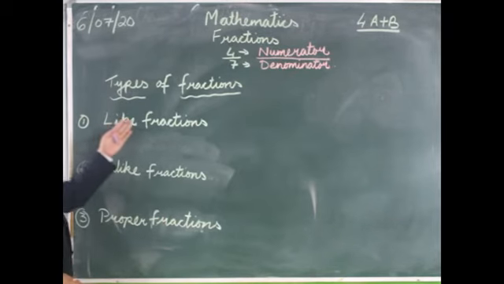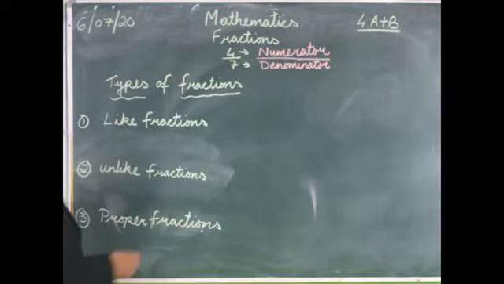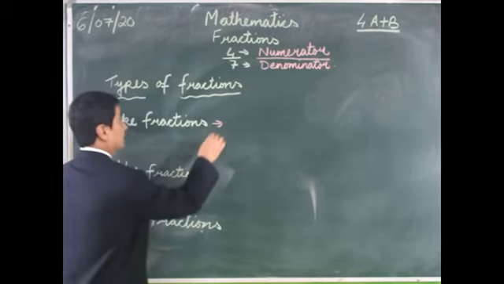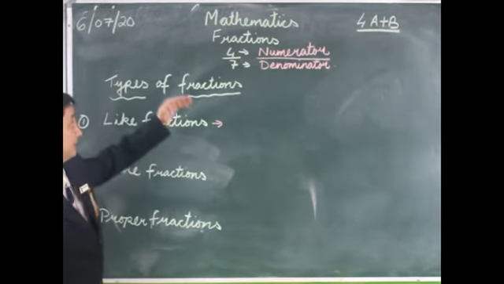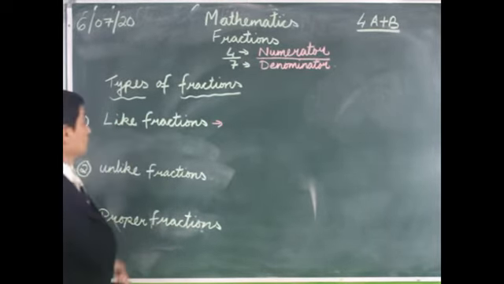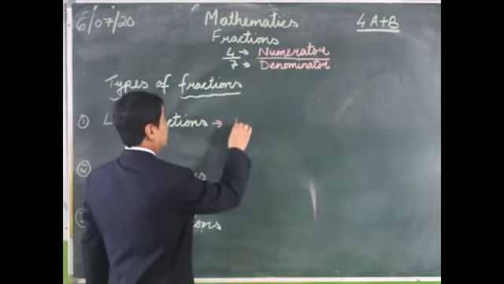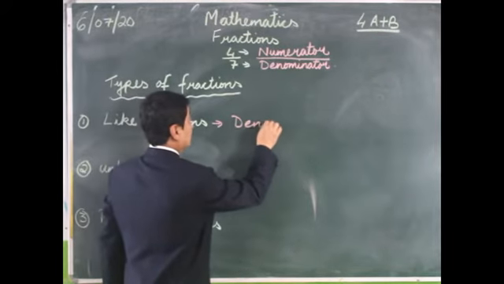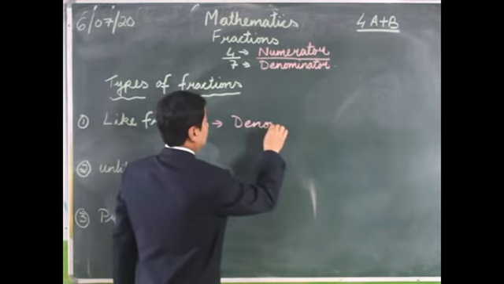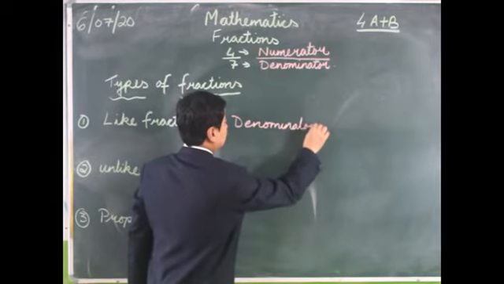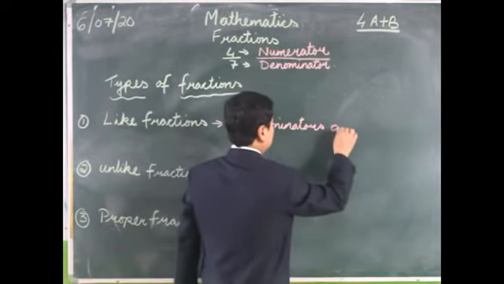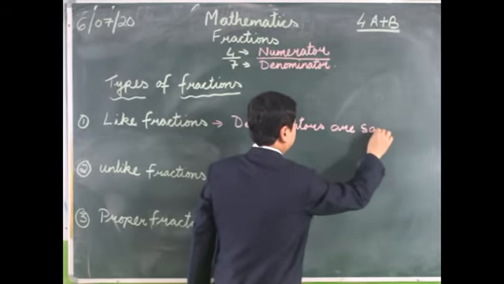Okay? Like fraction. In like fractions, all the denominators are same, means the bottom one, the denominators. In like fractions, denominators are same.